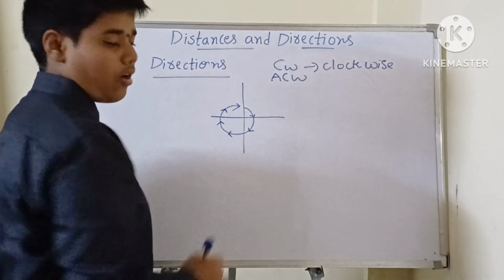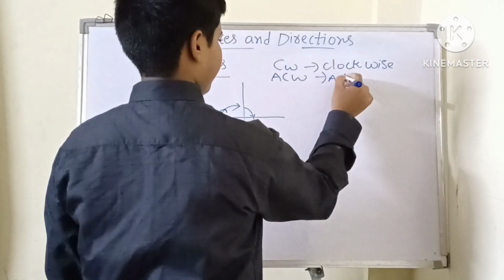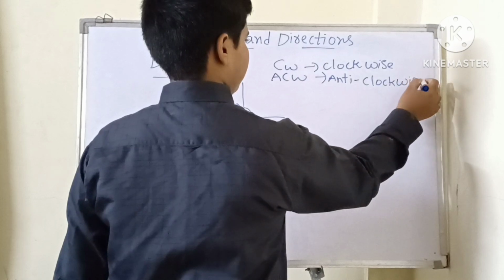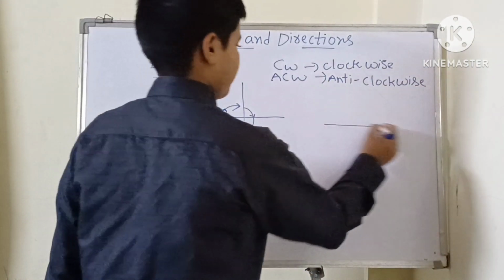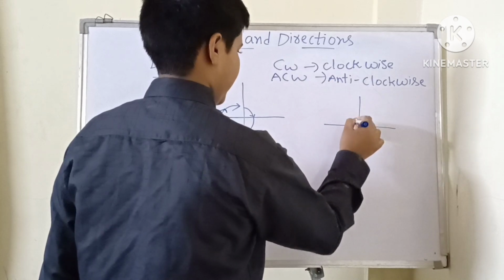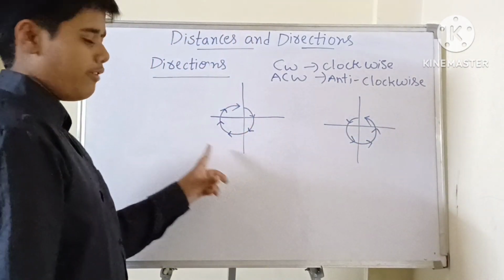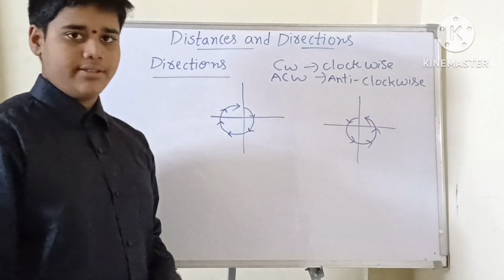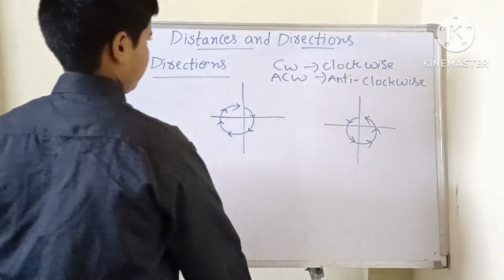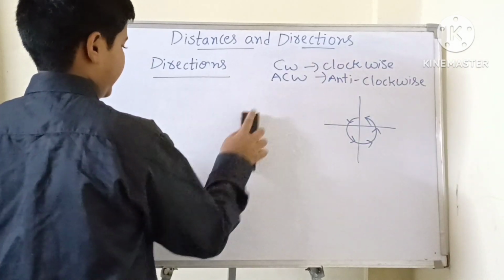And if we say anti-clockwise, like this we have to go. So this is clockwise and this is anti-clockwise. Clear? And the directions topic is completed.